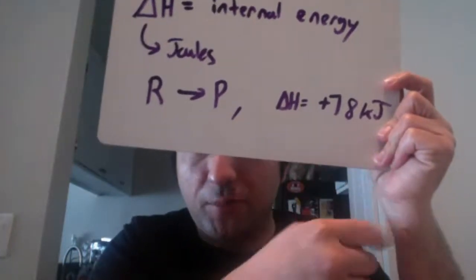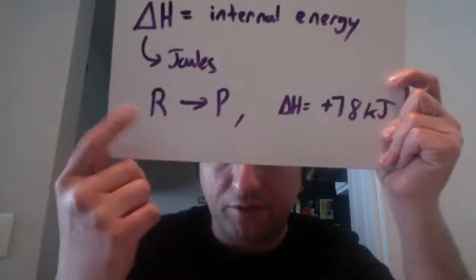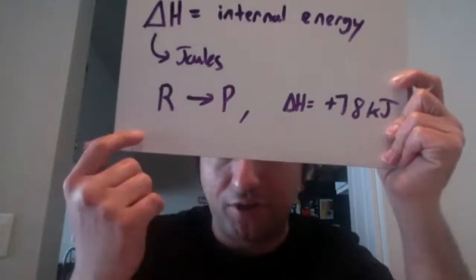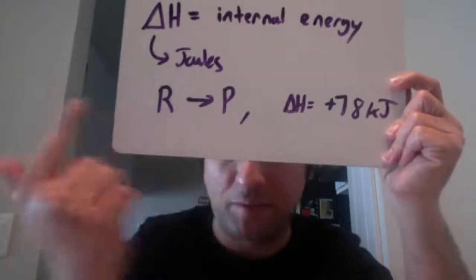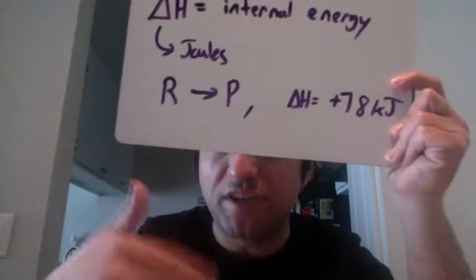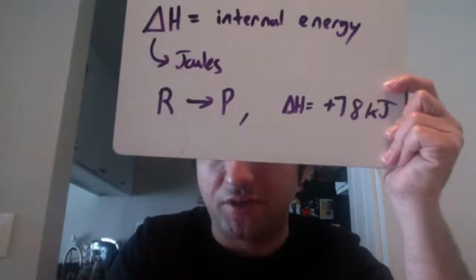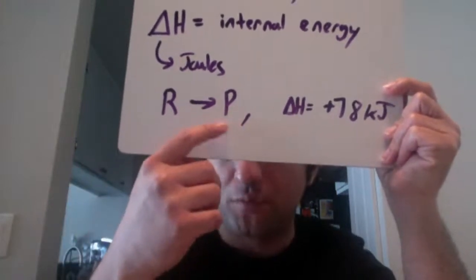Now, in order to go from reactants to products, conservation of mass says the atoms have to be the same on both sides. That's why we balance these equations. So the reactants have to break apart their chemical bonds in order to reform their bonds as products, right?